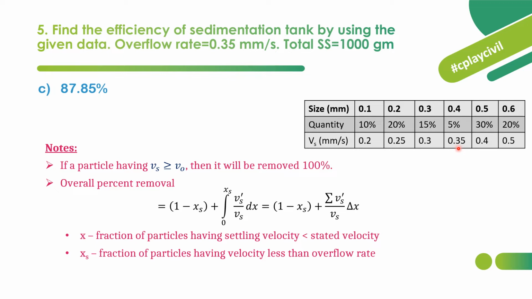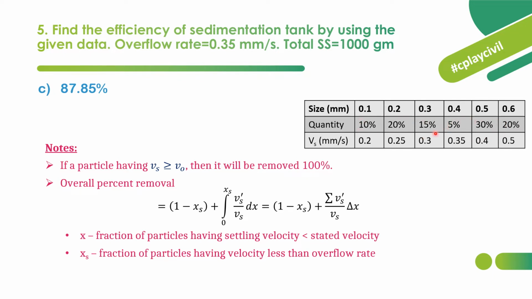So that means the particles having more than 0.35 millimeter per second as settling velocity, those particles will be 100% removed. So that means 5, 30 and 20, these percentages will be 100% removed. So 35 plus 20, so that is 55% of this particle will be wholly removed.